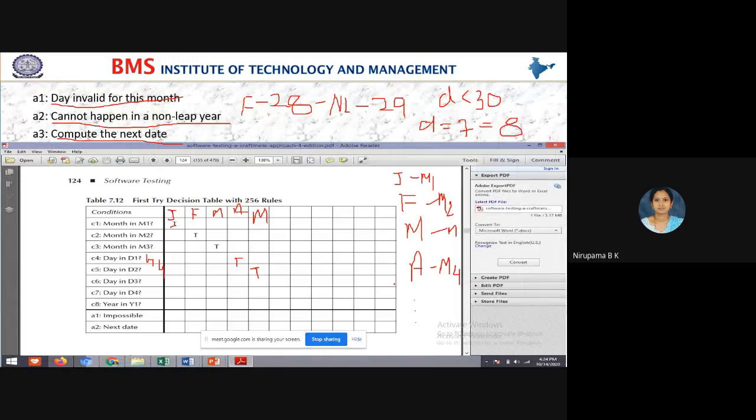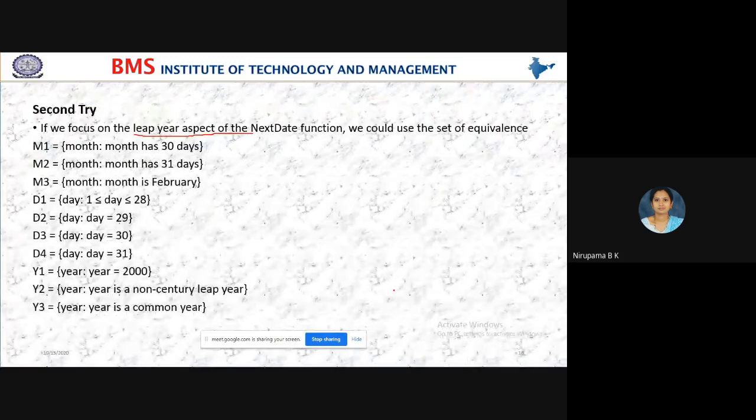Here in the next case, we are focusing on the leap year. My intention is to check whether the given year is a leap year or not. Yes, students, I want to focus on the leap year.